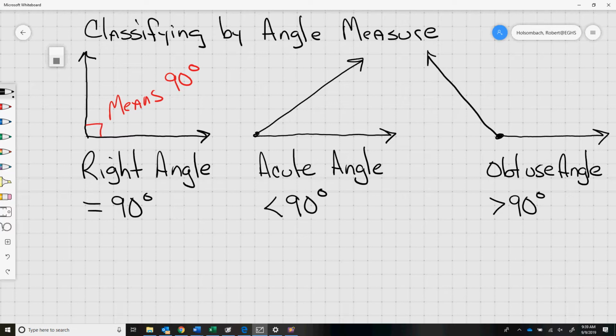Let's look at the bottom of page 39. Angle bisector.